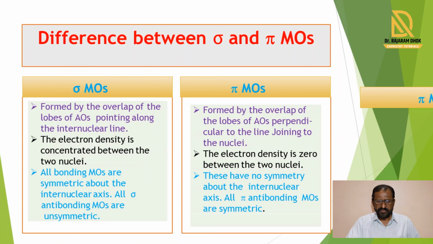The pi molecular orbitals are formed by the overlapping of lobes of atomic orbitals perpendicular to the line joining the nuclei.